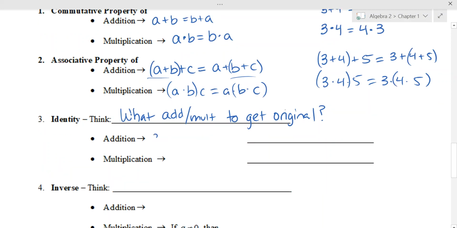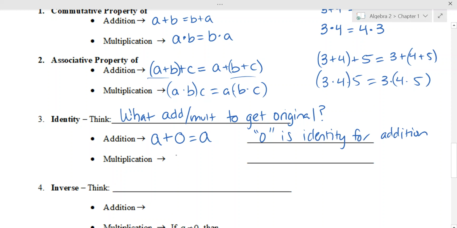Meaning if I have A, what do I have to add to A to get it? Well, A plus 0 is A. So 0 is the identity for addition. So anytime you add 0 to something, you're going to get itself.